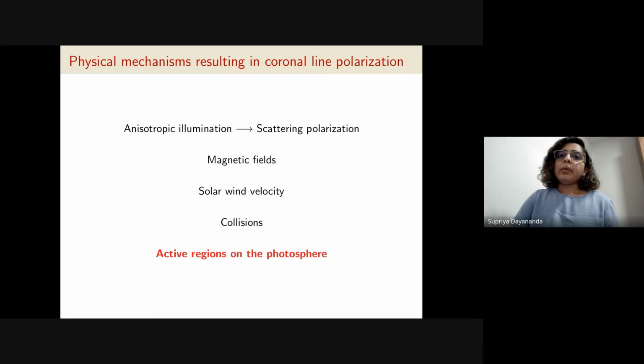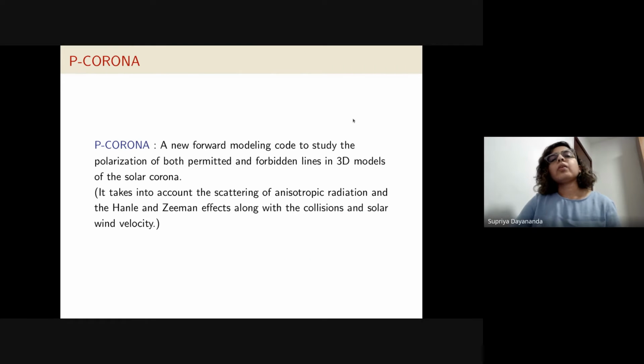So the idea behind PCorona was to include most of these physical mechanisms and to have a forward modeling code with them to model both permitted and forbidden lines in 3D models of the solar corona. The P here stands for the project name, PUNCH, a new region in the solar corona.